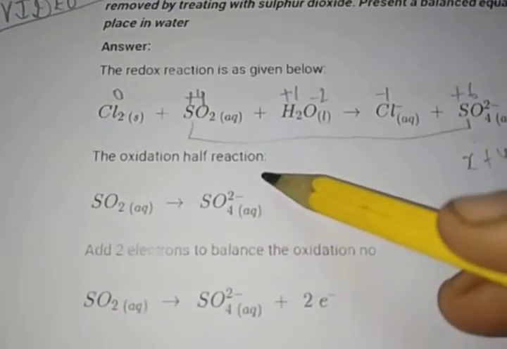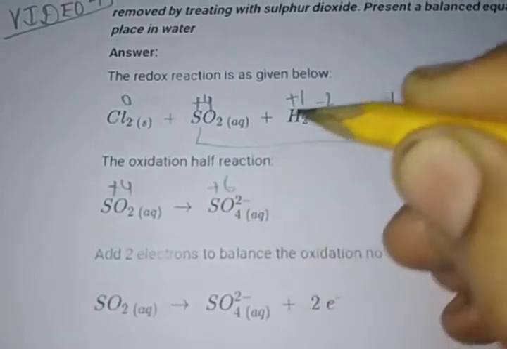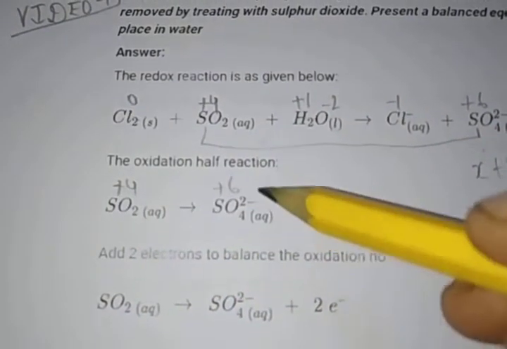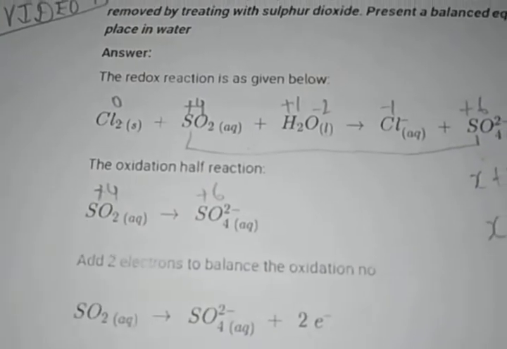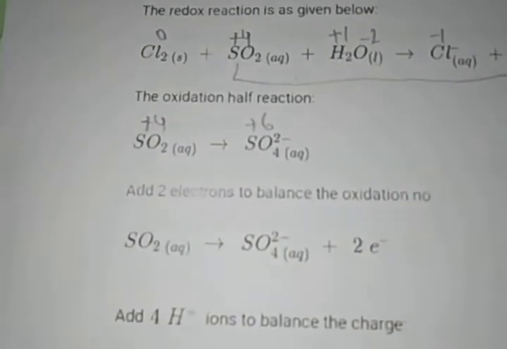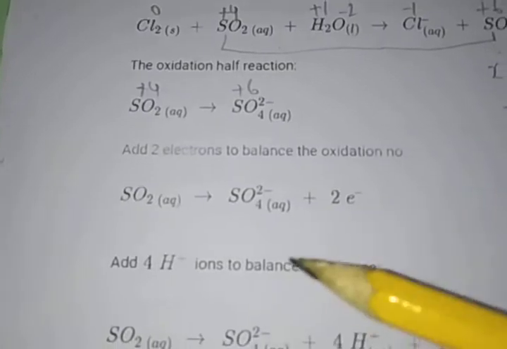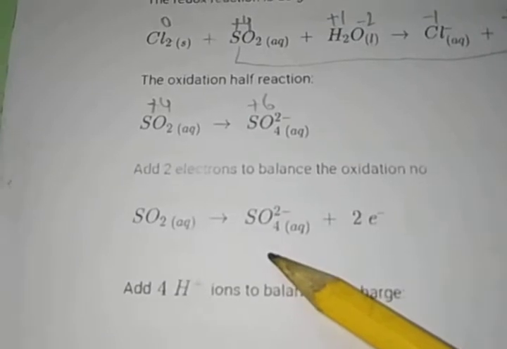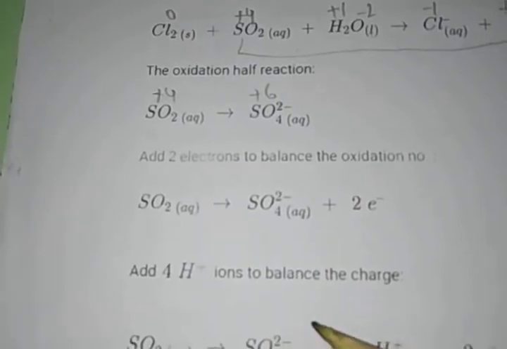Then the oxidation half reaction: SO2 converts into SO4 2 minus, here +4 and here +6. So 2 electrons balance the oxidation number because the difference between +6 and +4 is 2. It is oxidation, so the loss of 2 electrons is written on the right hand side. Then for balancing we add 4 H plus ions to balance the charge.